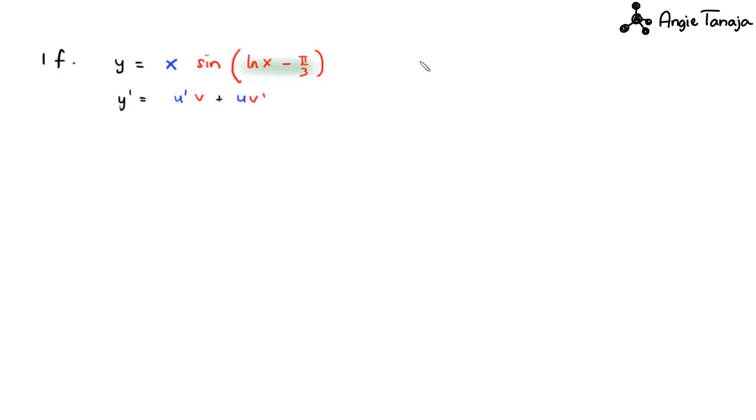The problem I think is not the u prime. U prime is just simply 1. Well, the problem is I think v prime. We have sine something here, which is ln x minus pi over 3. So the v prime will be cos something times the derivative of this. And the derivative is only 1 over x and done, right?